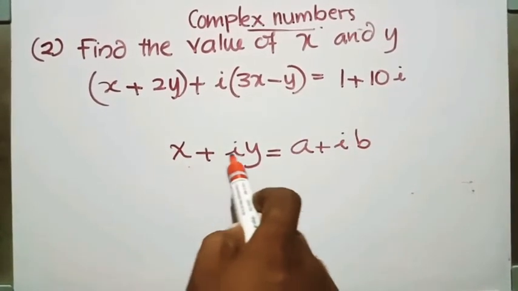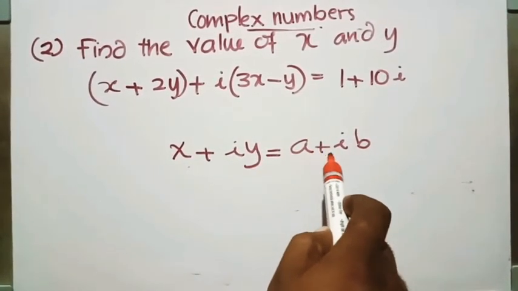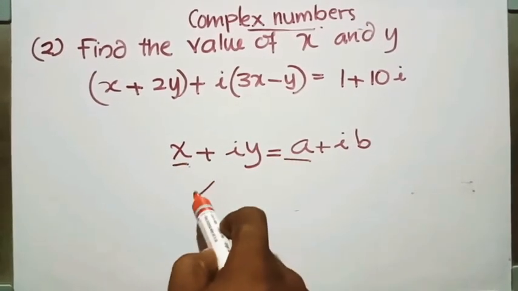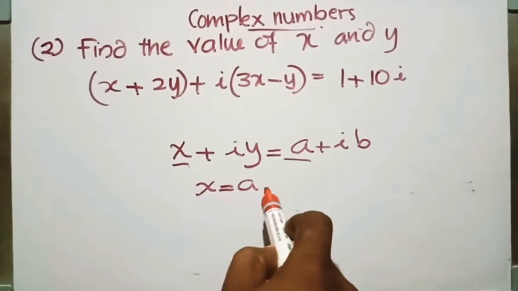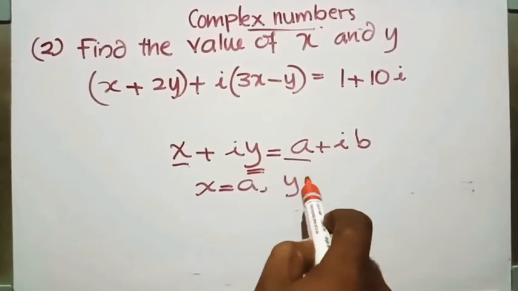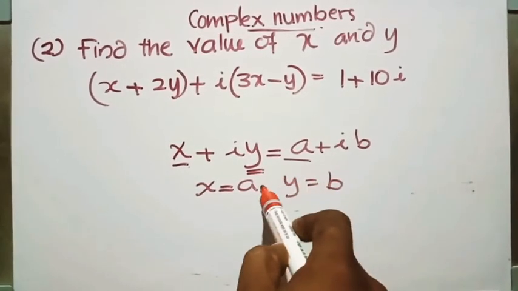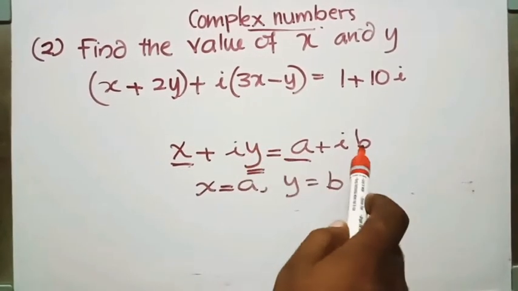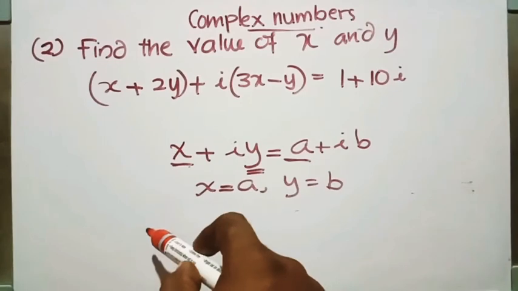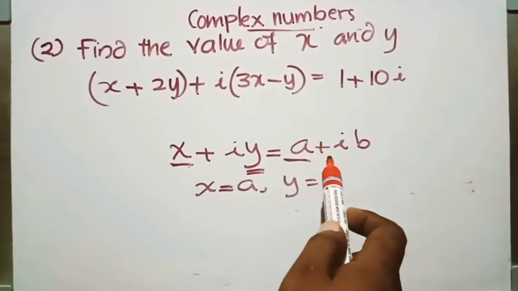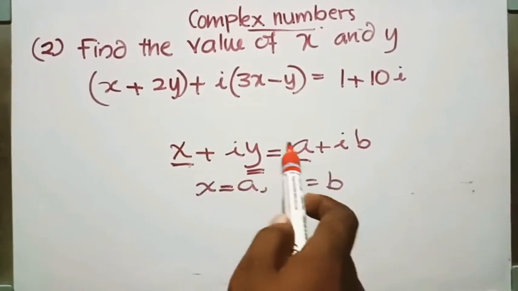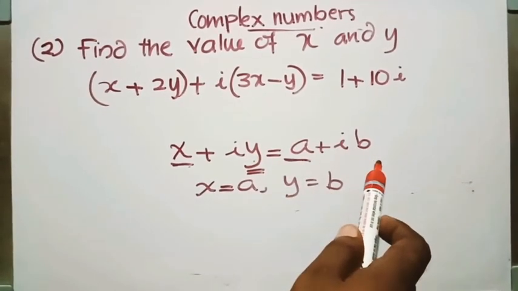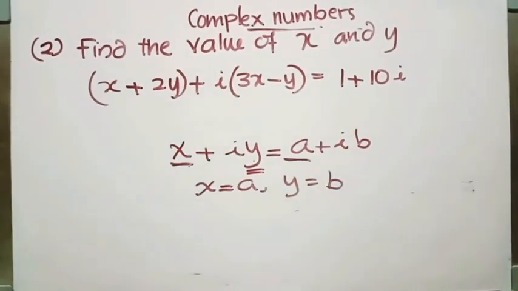If x plus iy is equal to a plus ib, then we can say x is equal to a and y is equal to b. Nothing but equate the real parts and equate the imaginary parts. If two complex numbers are equal, then their real parts are equal and imaginary parts are also equal. So this concept can be used in this question.